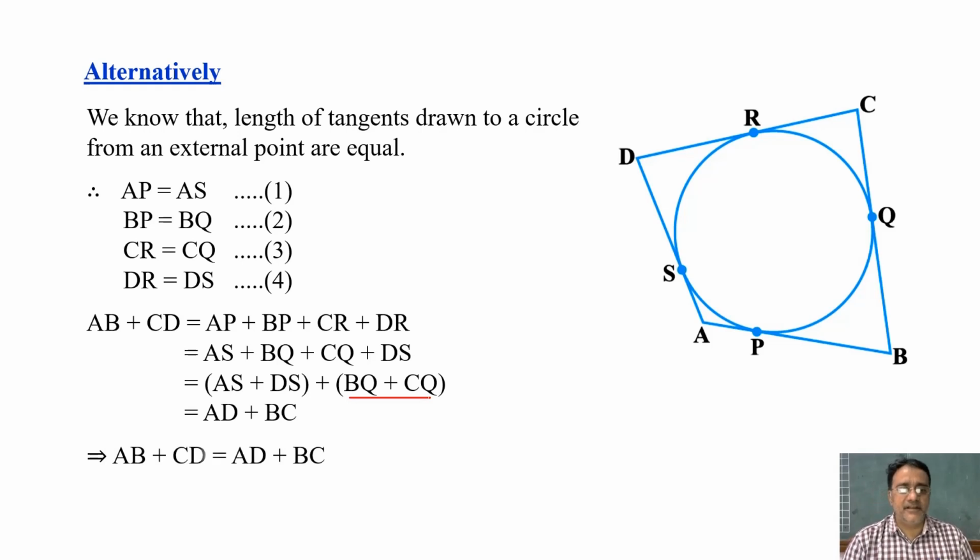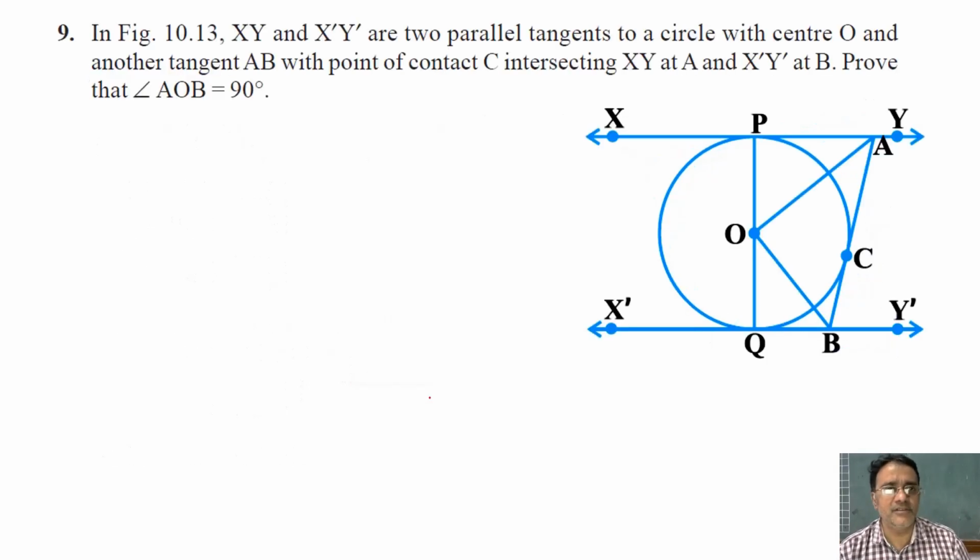Fine. Right. So now we are moving towards question number 9. Now this is also one of the most important questions. It has come in the CBSE board exam 5-6 times. Okay. So fine. What we will do here, one small construction, we will join OC. Okay, joined. Now after that our target is to prove these two triangles congruent.